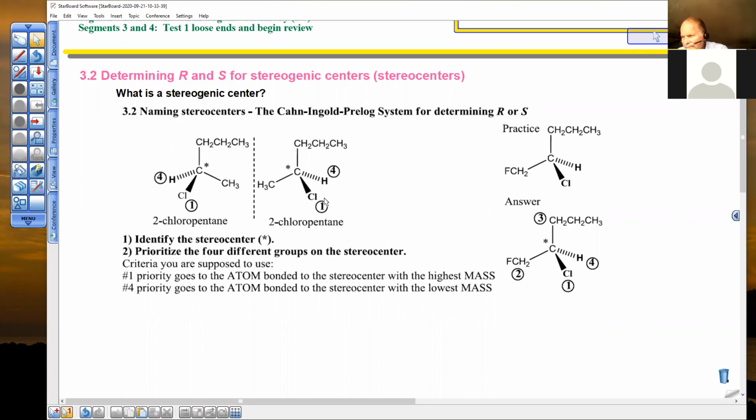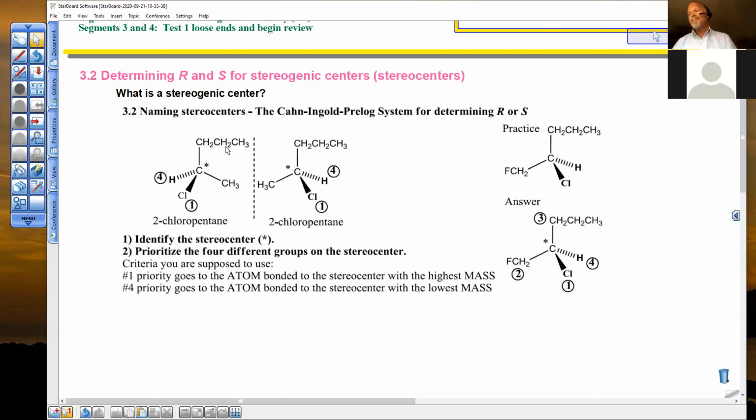Now, this carbon here is not a stereocenter. It has 3 identical hydrogens, so it does not have 4 different groups. Same story here, except it's got 2 hydrogens, a CH2 and a CH3. 2 hydrogens, that's not 2 different hydrogens, they're the same, so not a stereocenter.